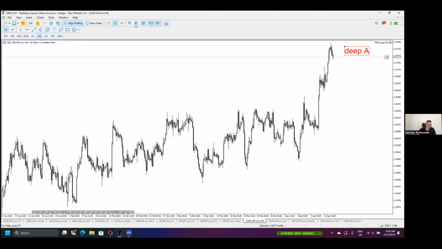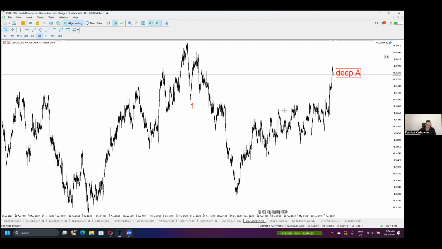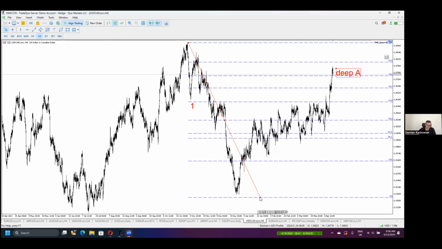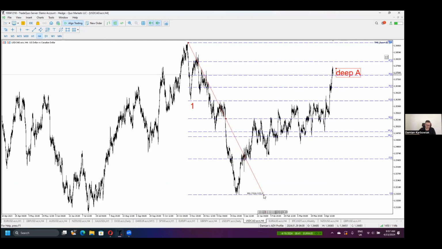After the first geometric cluster somewhere here at the level of 50 and the second at the level of 61.8, the price went up because, as you see, US dollar Canadian dollar is following the movement of the US dollar index. The USD is like a first currency, so once the dollar becomes stronger, the Canadian becomes weaker.